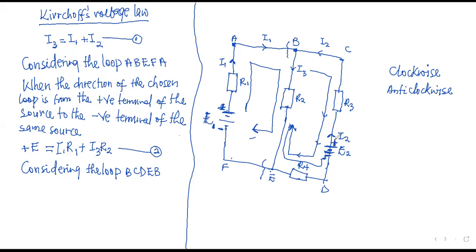Bella, do you see it? Teacher, can you please take it again? So the rule is that if the direction of your chosen loop is from the positive terminal and enters the negative terminal, the EMF is positive. If it is from the negative terminal of the battery and enters into the positive, EMF is negative. We pick a clockwise loop. So when you follow the direction of our loop, let's use the arrow to match the clockwise direction.